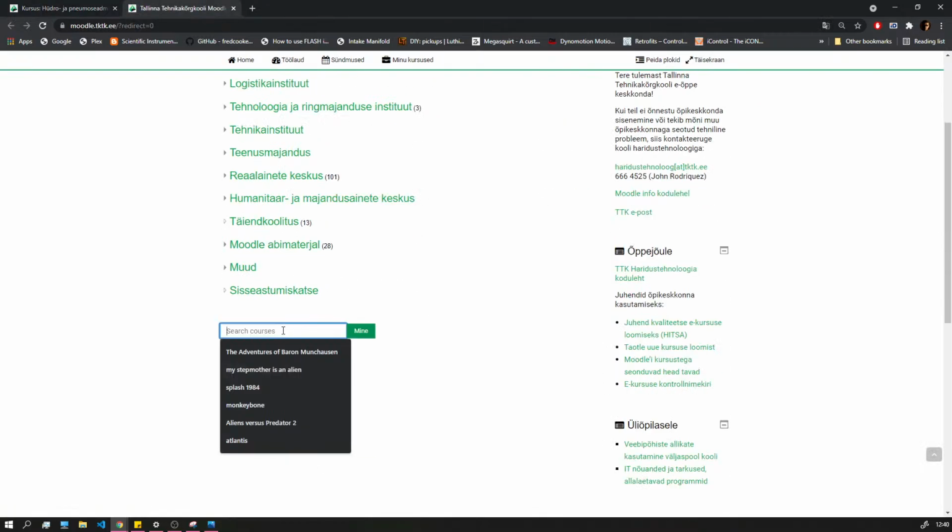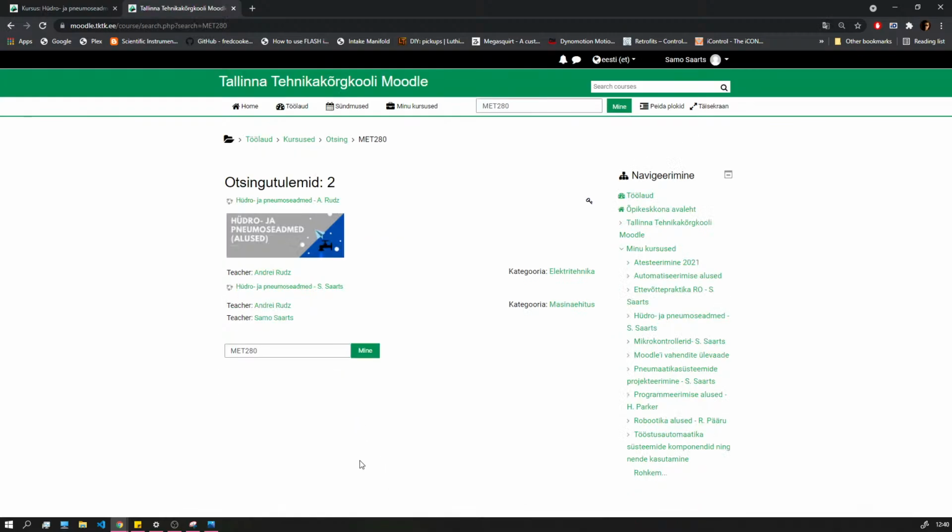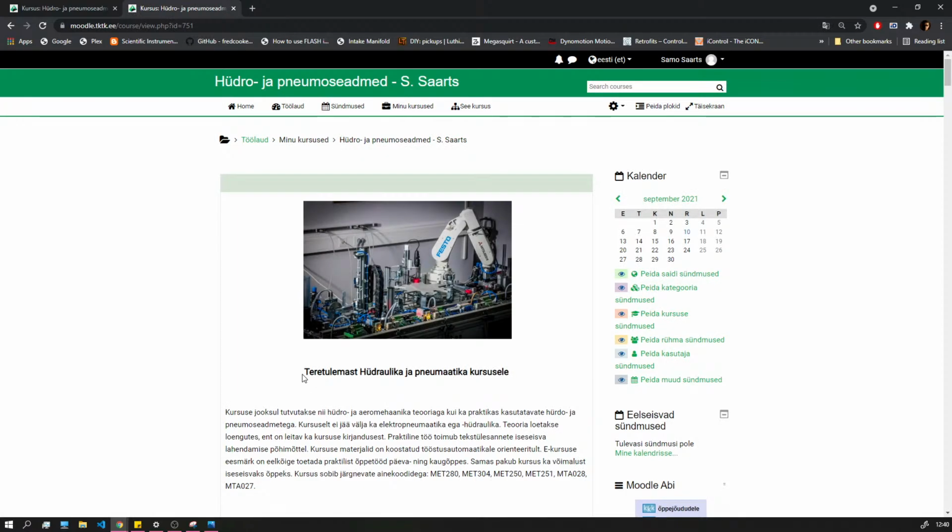If you go to the home page, on the bottom of the home page, you find search for courses. For example, MET280, go, and you should have two options here. The right option should be the lower one, and the password for you is capital F, capital I.